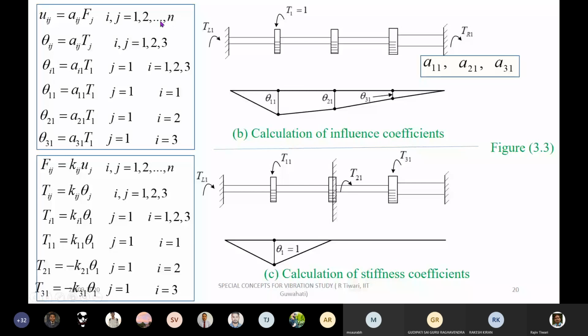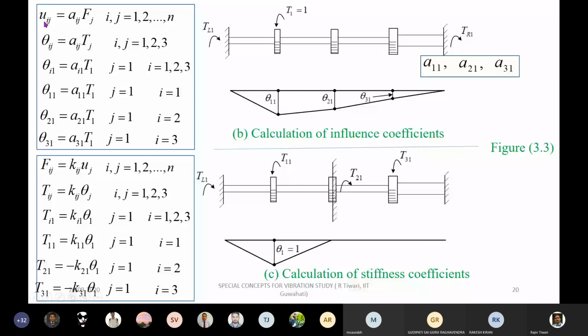So here I'm representing the displacement at the ith station due to force at the jth station. The influence coefficient Aij represents that when we have force at the jth location, keeping the force at all other locations 0, and if this force is unity, this influence coefficient will be the displacement at the ith station.